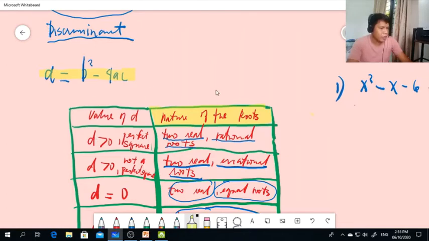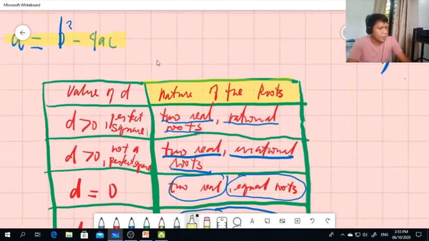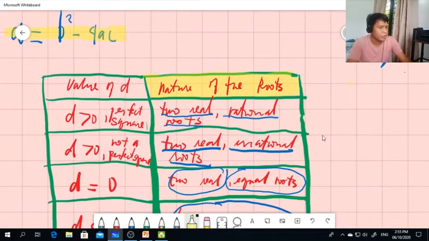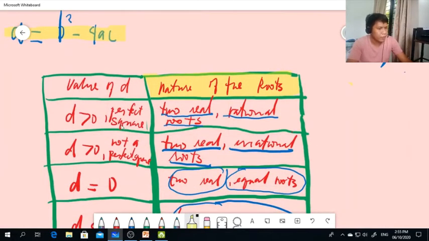When we have the discriminant as a number greater than 0, and if it's a perfect square, the corresponding nature of the roots is there are two real rational roots of the quadratic equation. Next, if your discriminant is greater than 0 and it's not a perfect square, there are two real and irrational roots.